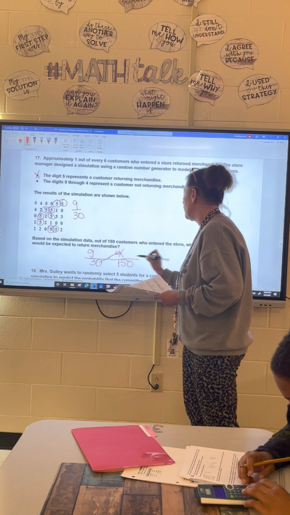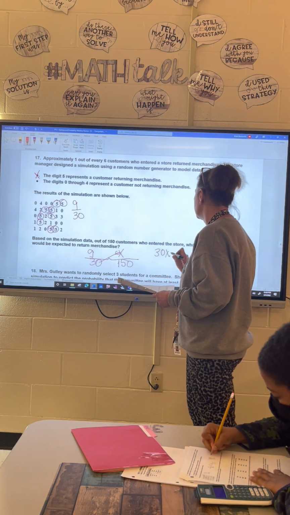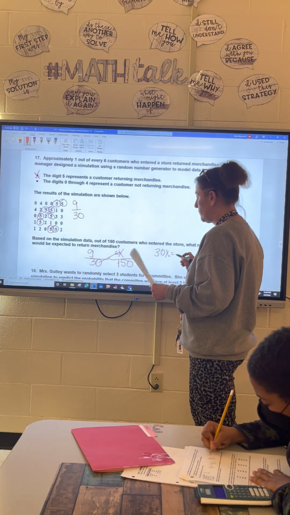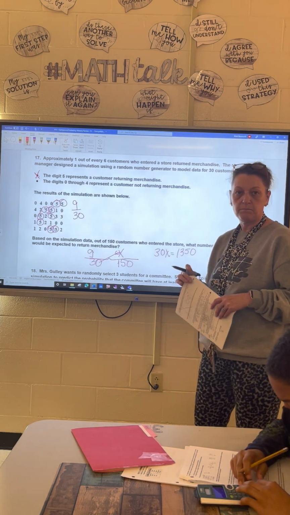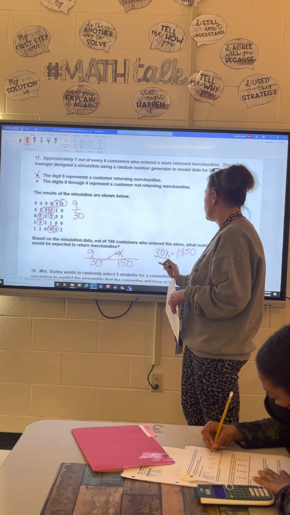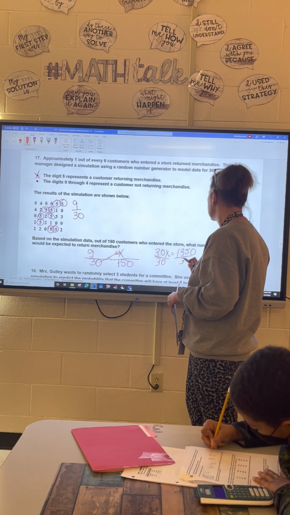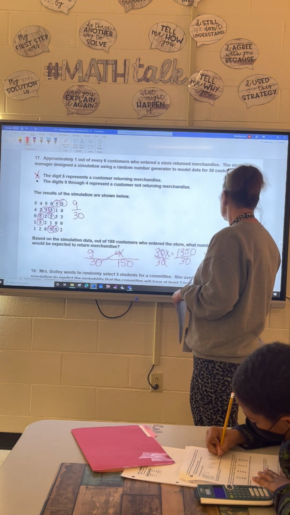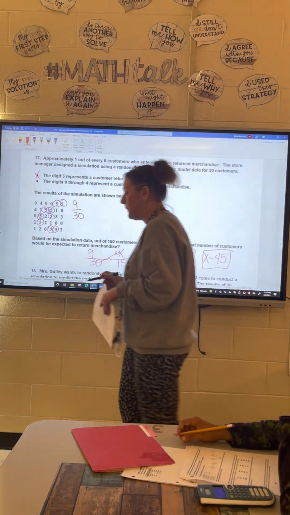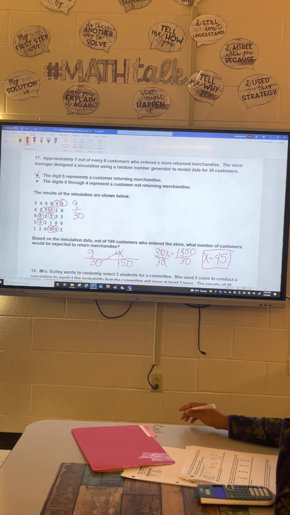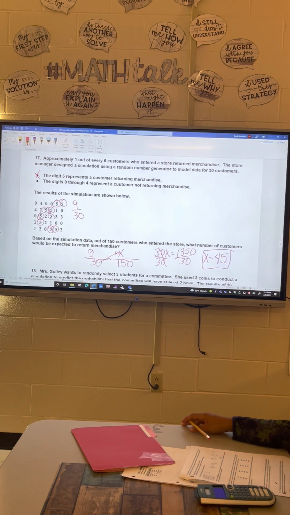Cross multiply starting with x, and we get 30x equals 1,350, because I've already done this. Divide both sides by 30. And x is going to be 45. So I can predict that 45 people out of 150 people will return merchandise based on our simulation.